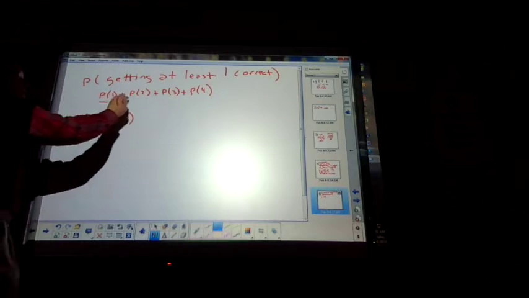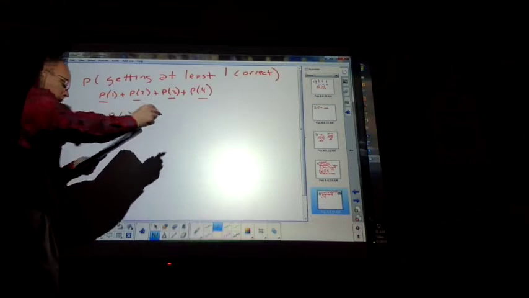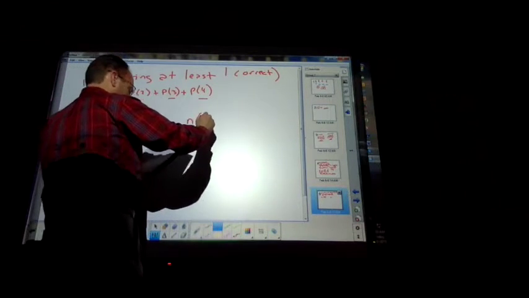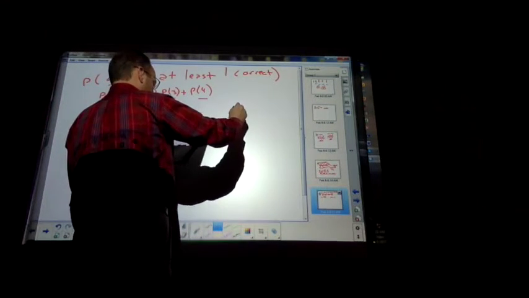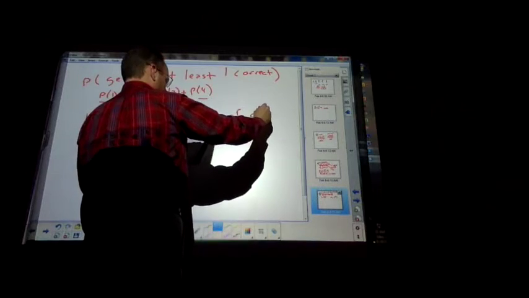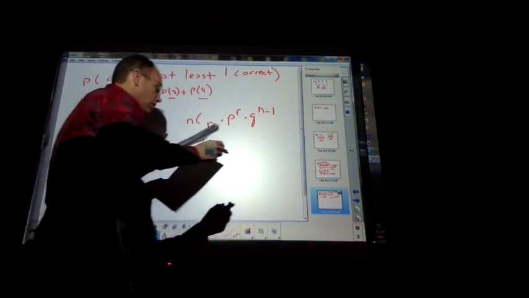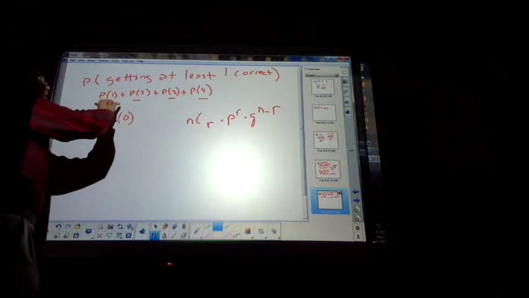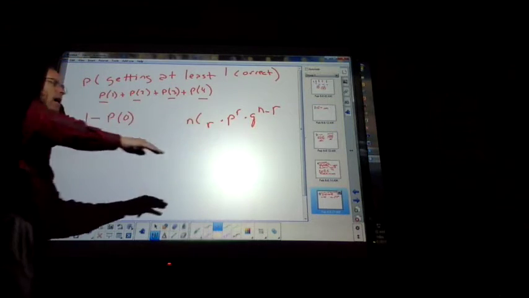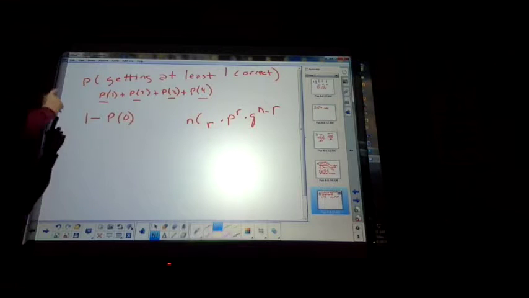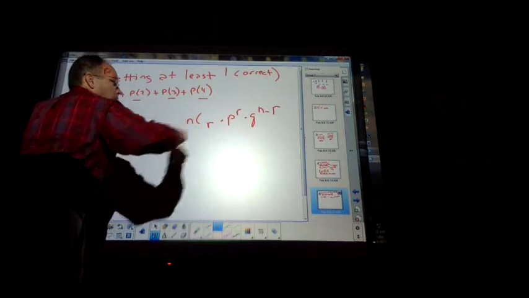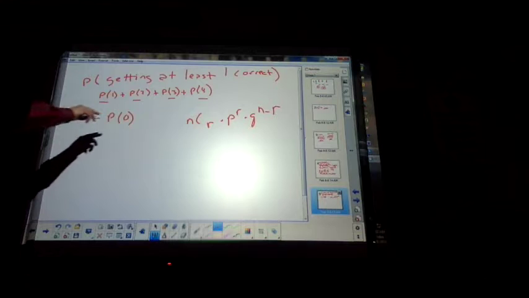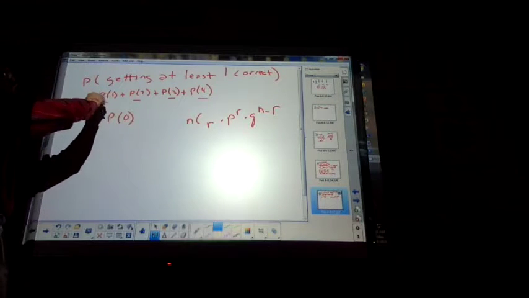So each of these would be this equation. Okay? So if you were to do this 4 different times and add them together, or if I went 1 minus that one time, the 1 minus this one time is a lot less work than these.